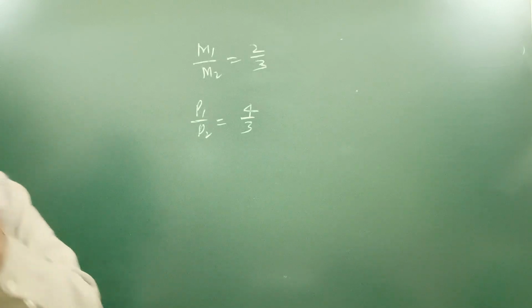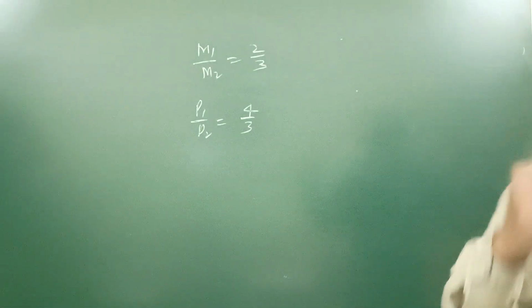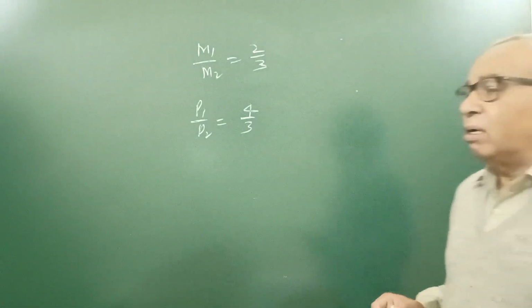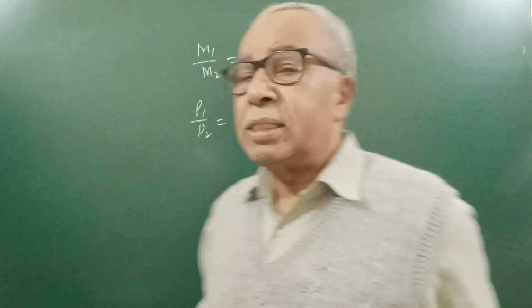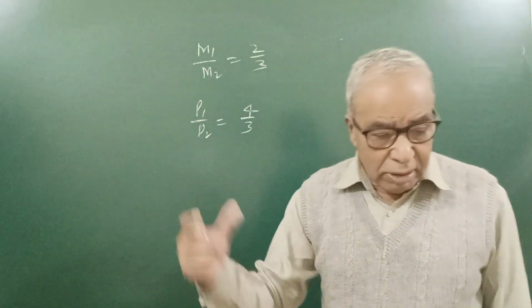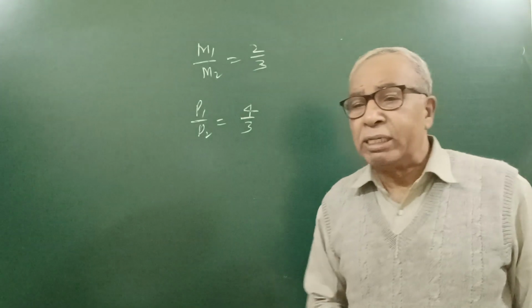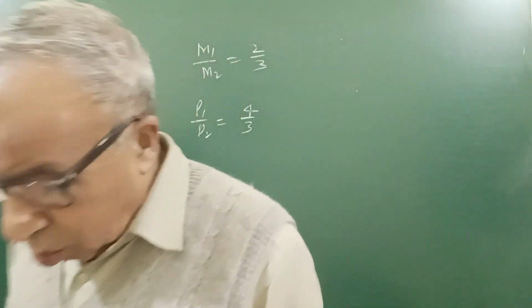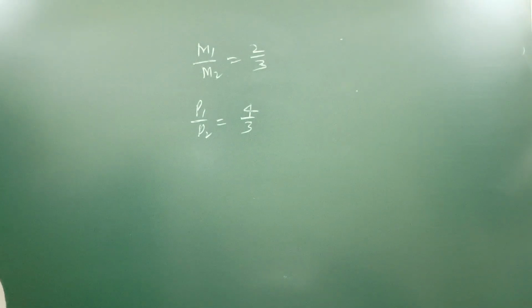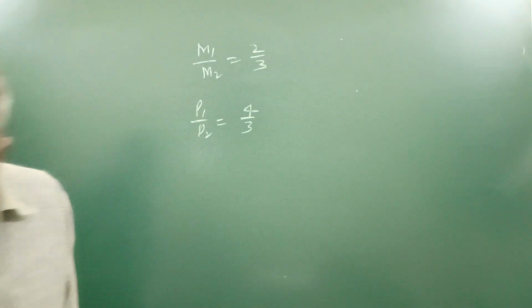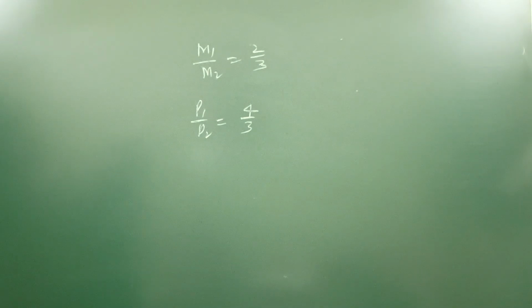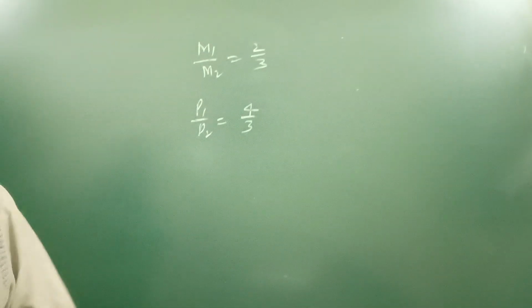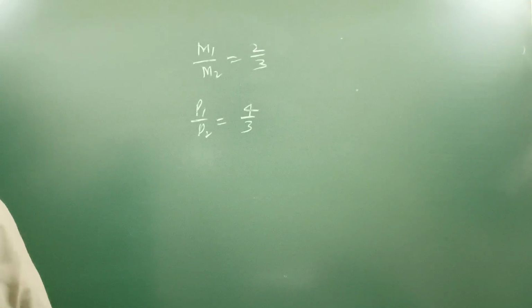I have told you Dalton's law of partial pressure. Actually, many things here are not mentioned in the syllabus. They are taught somewhere else and asked here. So you are asked the ratio of their density: 1:4, 1:2, 6:9, 8:9.